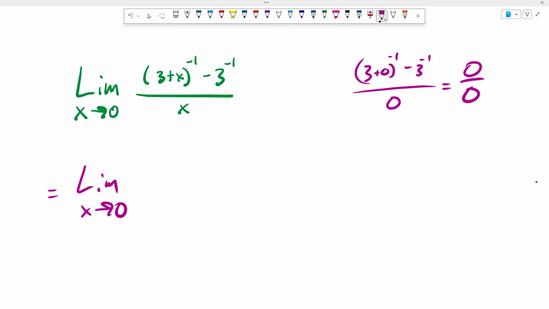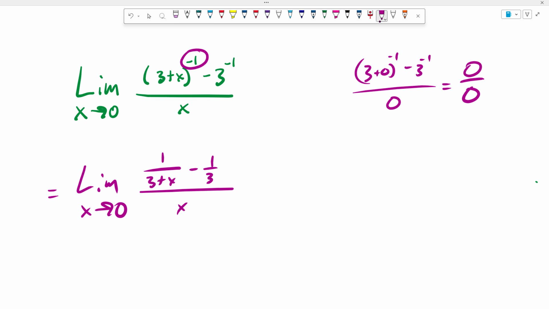What does this mean, to the negative 1 power? Would that make it negative 1/3? No. To the negative 1 power simply means 1 divided by whatever it is. Just the reciprocal of whatever's inside that exponent.